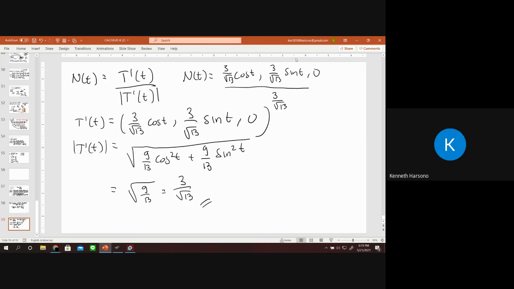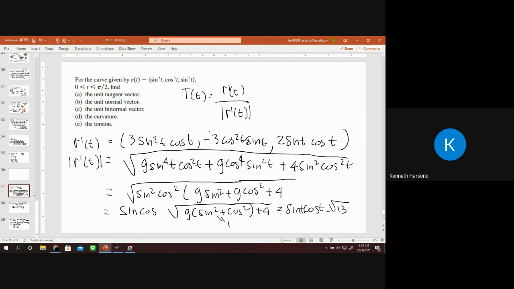And this just becomes cos t, sin t, and 0. So let's write it here. Cos t, sin t, and 0. This one is the normal unit vector.